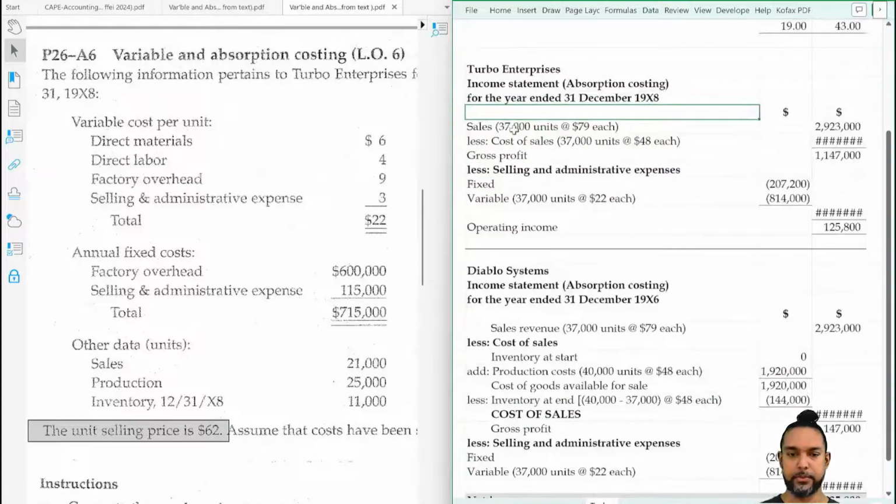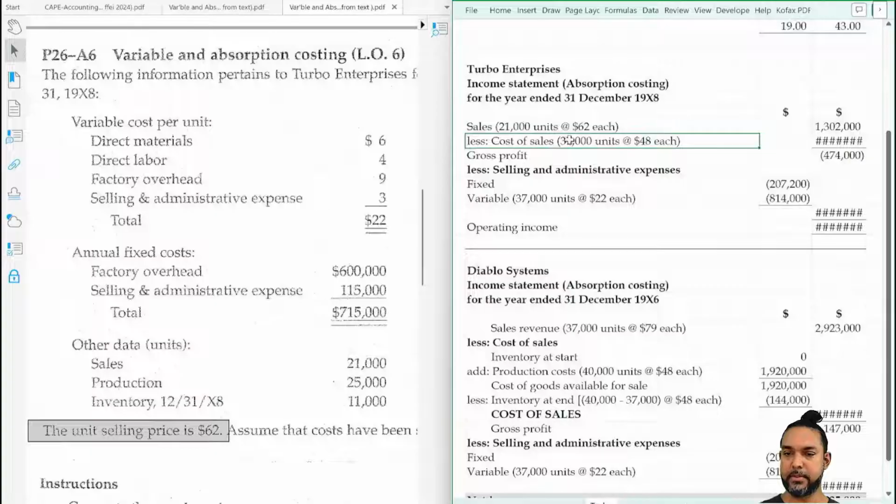Right, so we sold 21,000 at 62. Cost of sales, same thing, we sold 21,000 and it's absorption costing, so we're using the 43.